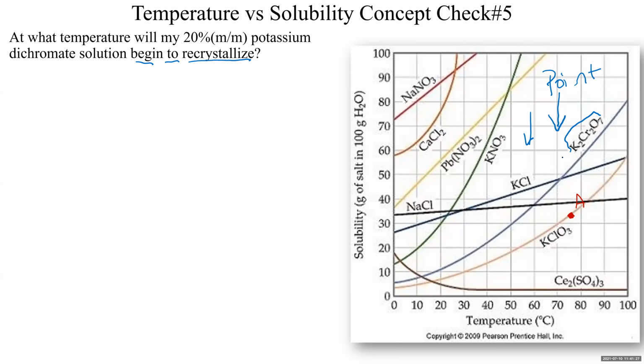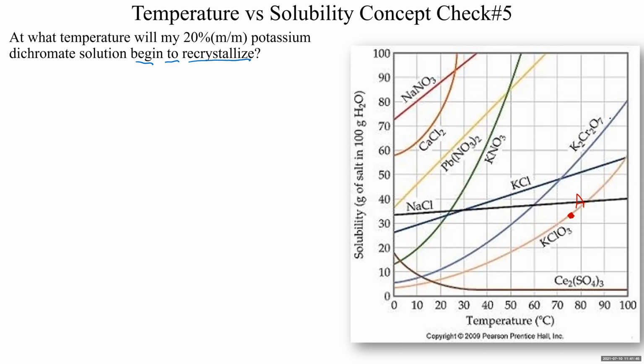At what temperature will my 20%? We're coming down to the graph somehow, not by moving this way, but instead by moving sideways. So we started with a supersaturated solution. Oh, actually, let me put it this way. I'm sorry, I'm not explaining this well.